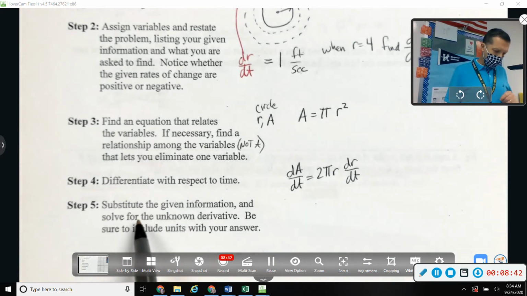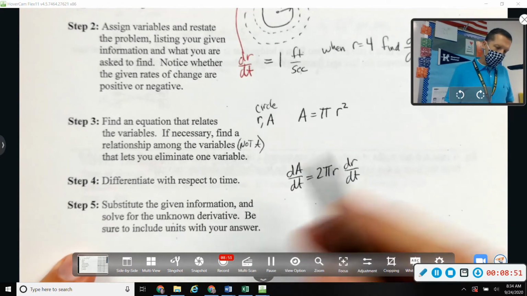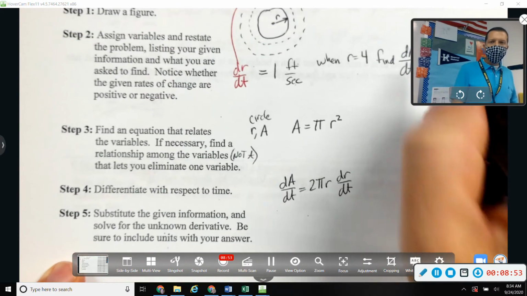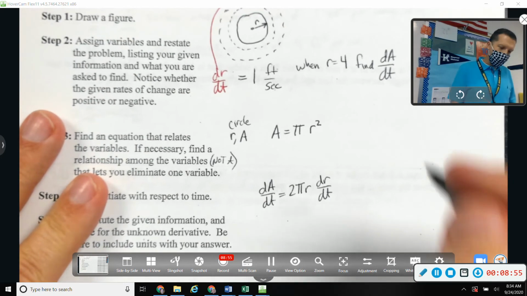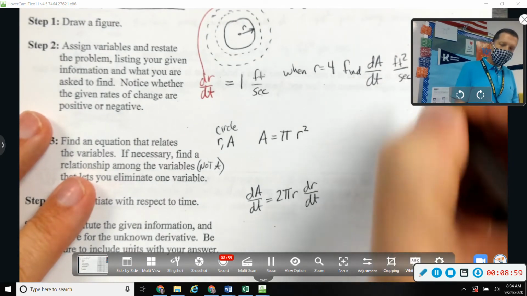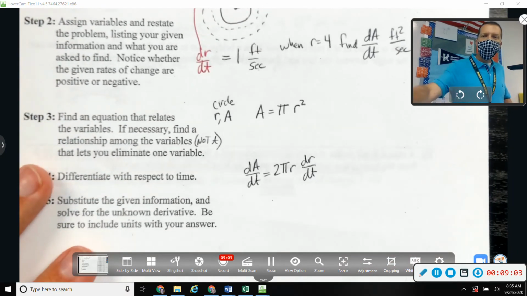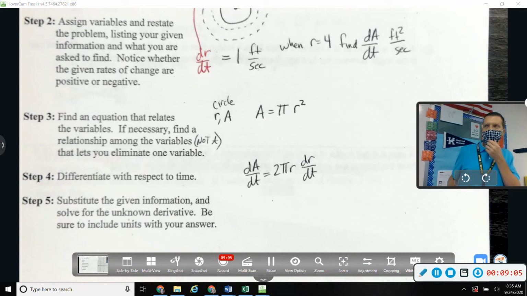Step 5, substitute the given information. Solve for the unknown derivative. Be sure to include units with your answer. I know the units already, because if I'm trying to find dA/dt, that's going to be feet squared per second. By the way, sometimes, even on the AP test, if it specifies to give units, usually the units are worth 1 point.